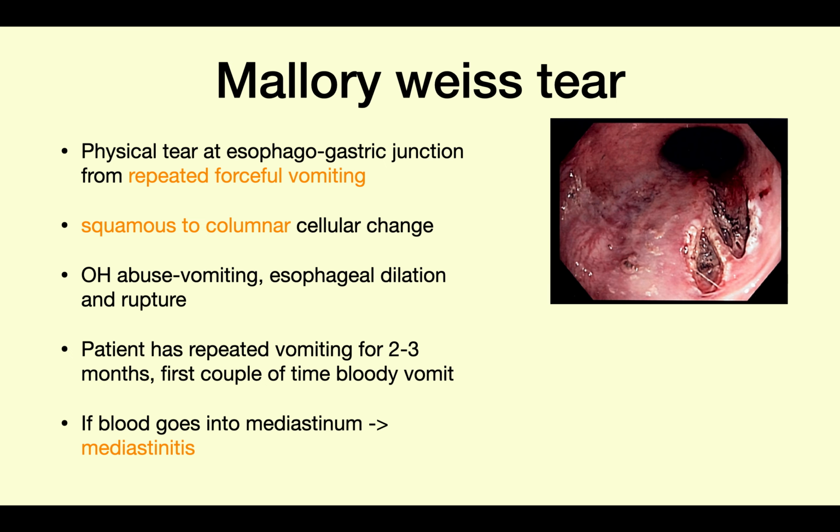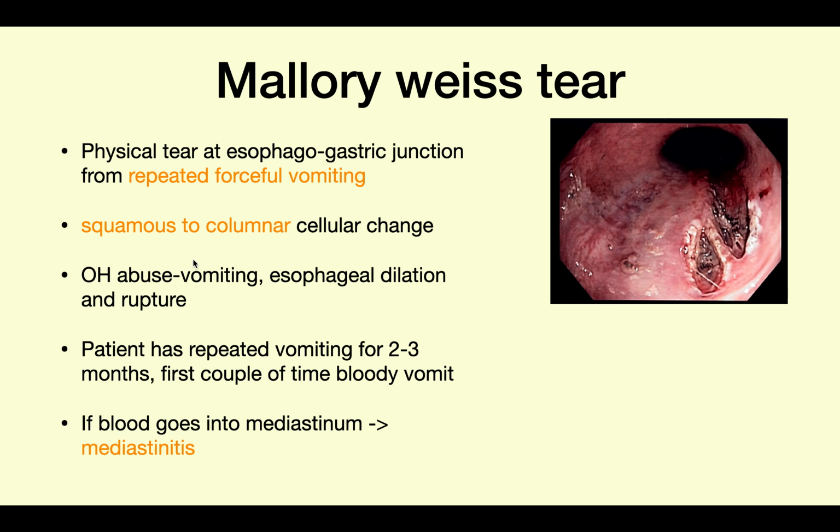Okay, Mallory-Weiss tear is a physical tear from repeated forceful vomiting. And thanks to all the constant exposure to the acid, it's going to change from squamous to columnar cell to protect, right? So that can be very problematic because it can lead to Barrett's esophagus, which is cancer.